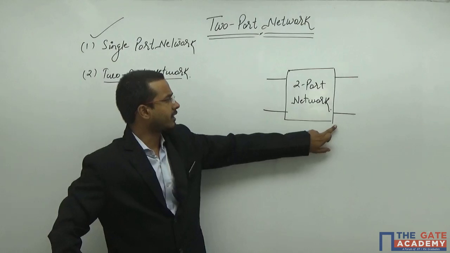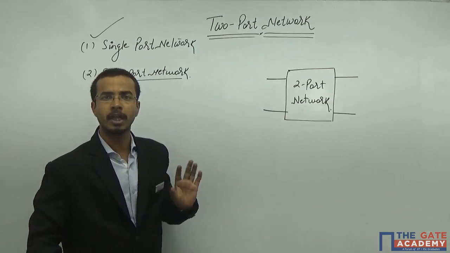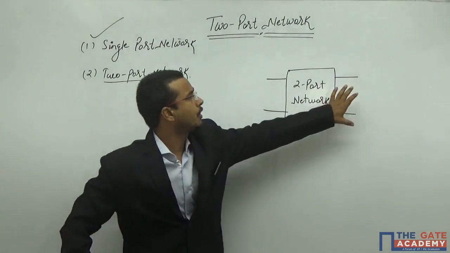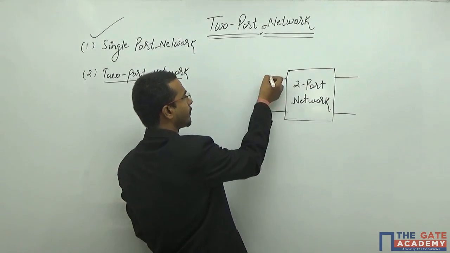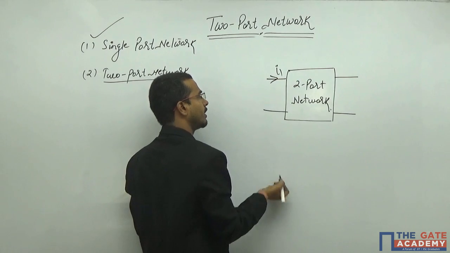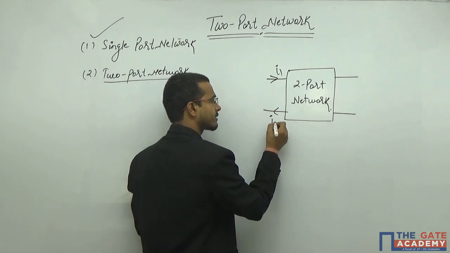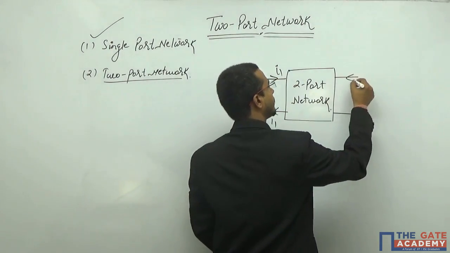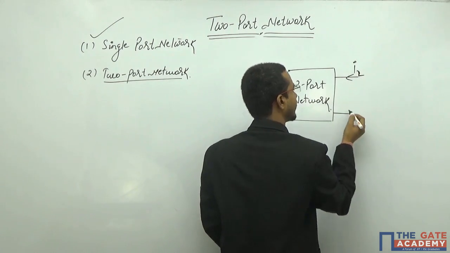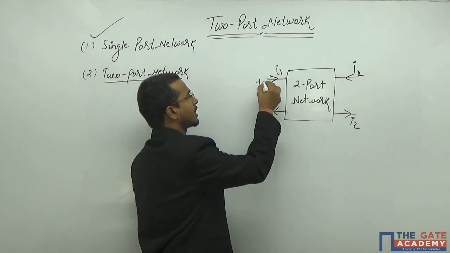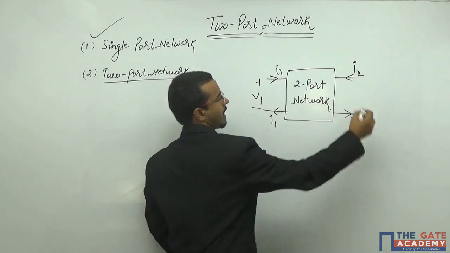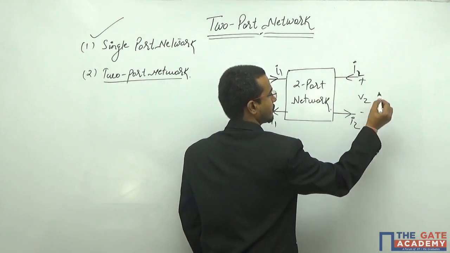Now, this is the general representation of the two-port network, because here you have two such pairs. If you pump the current I1 from here, the same current you will get at this side. And if you pump the current I2 from this side, the same current you will get at the outside. And the developed potential will be this V1 and the developed potential will be V2.